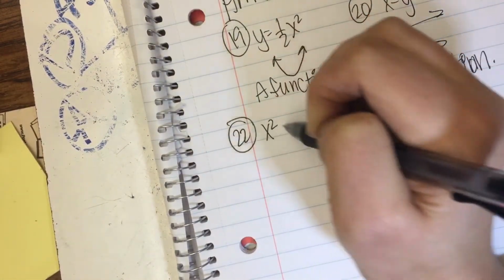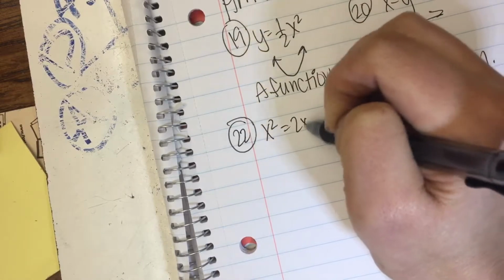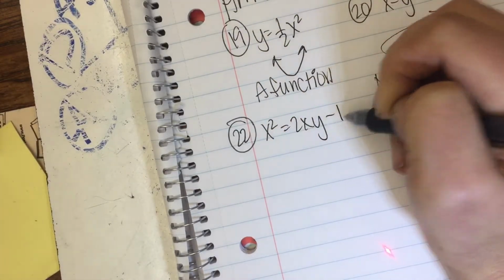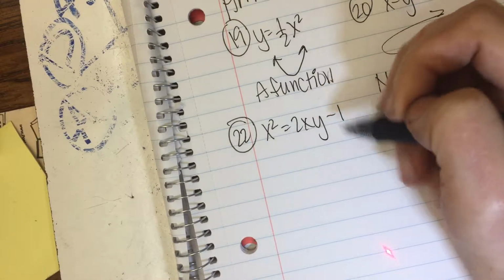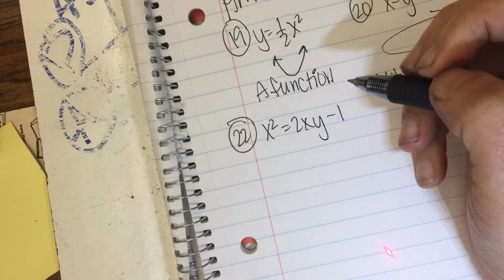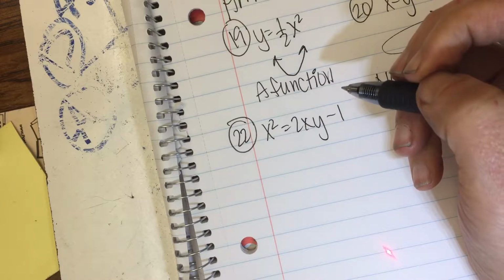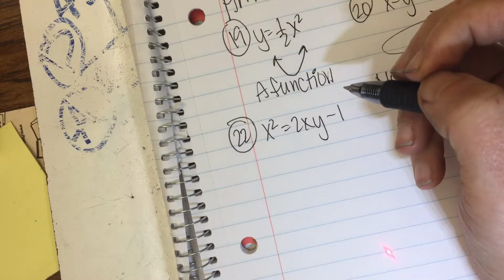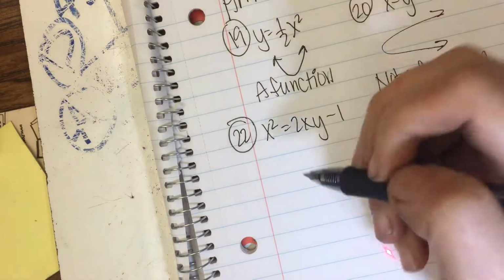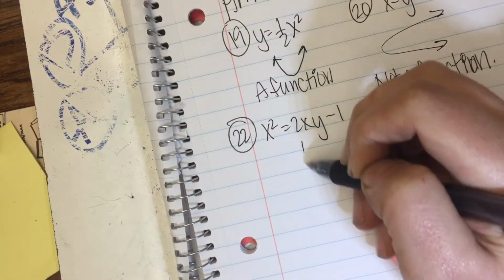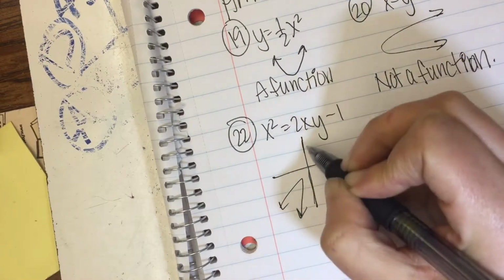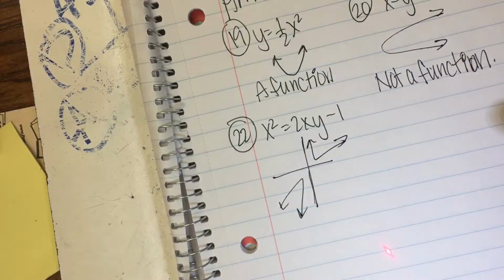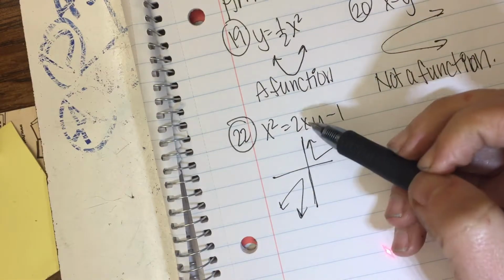Okay. And then last but not least, number 22 says x squared equals 2xy minus 1. We will graph things like this, but it won't look like this. We'll have it written in a different format. So I'll show you that later. Anyway, so the graph of this looks like, okay, this one is a function because this is actually approaching an asymptote.